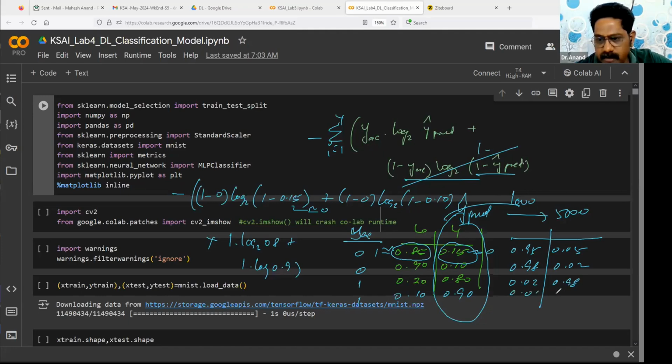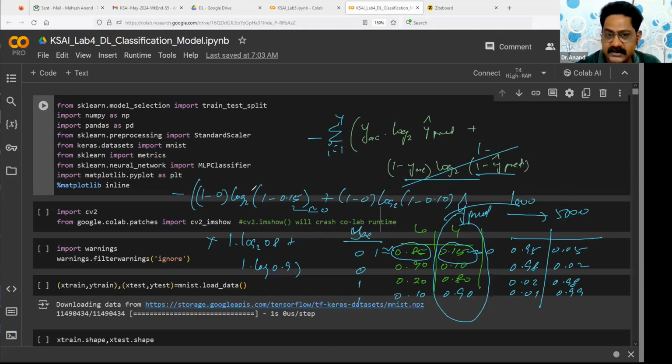This is like 0.01, 0.99. So comparatively, this loss will be very small when compared to this loss. Now, in the same manner, if you substitute, log base 2, 1 minus, this time only 5% you subtract, log base 2, 0.95.